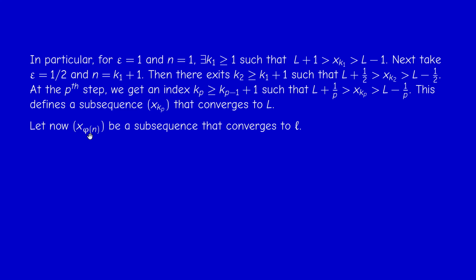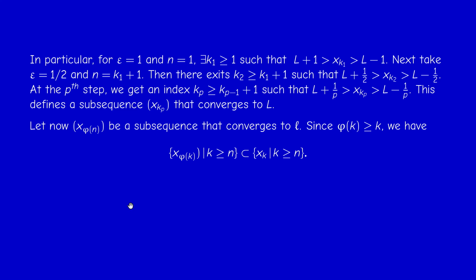If you don't like this notation, don't worry. We'll call it xmk, in order not to confuse the n. And since it's a subsequence, this mk is bigger or equal than k. We already observed that in the first chapter.